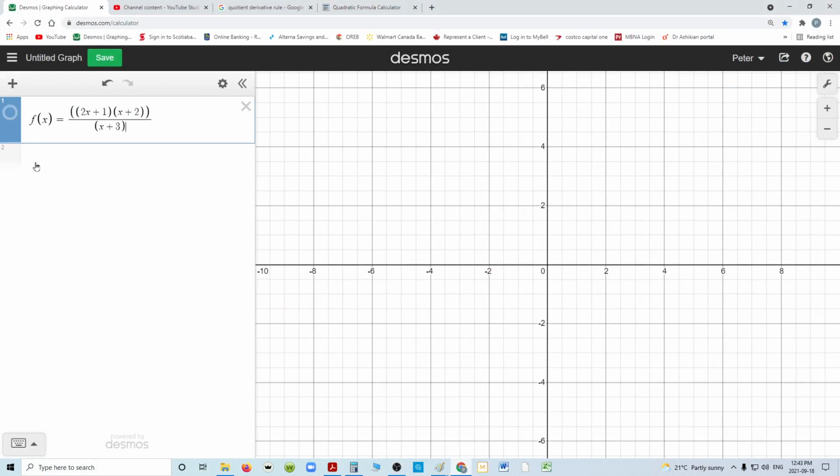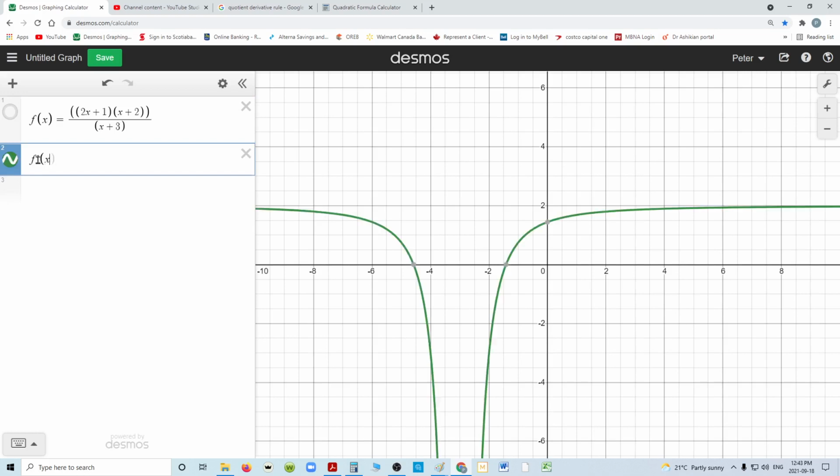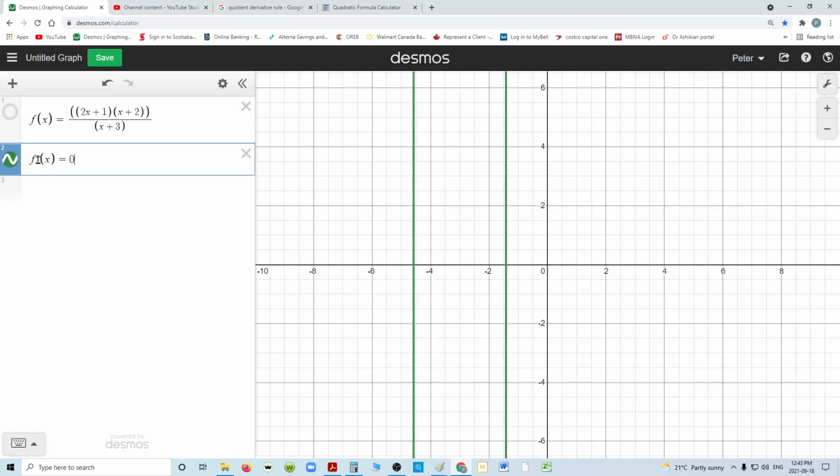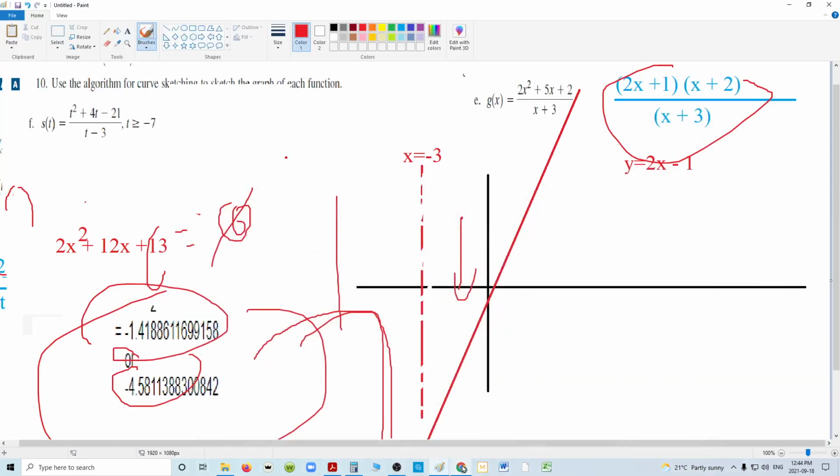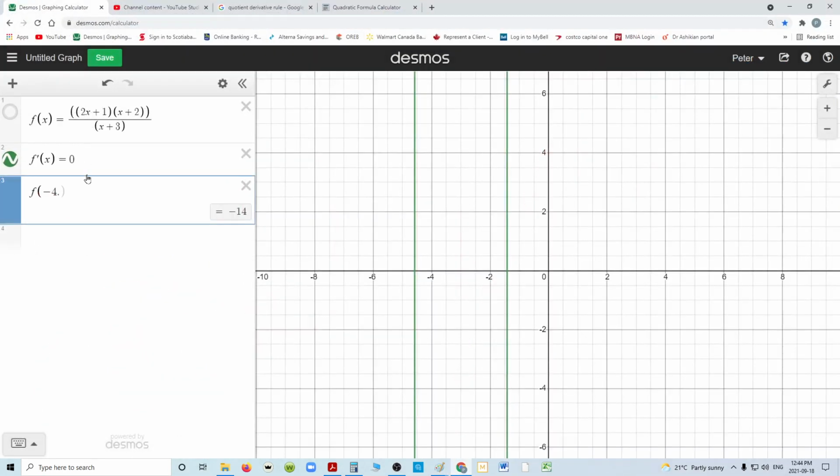So I'm going to just set my first derivative equal to 0, and it's going to tell me exactly what we found out before, right? That we're dealing with f of negative 4.5811. And I'm just going to label that negative 4.5811, comma that.